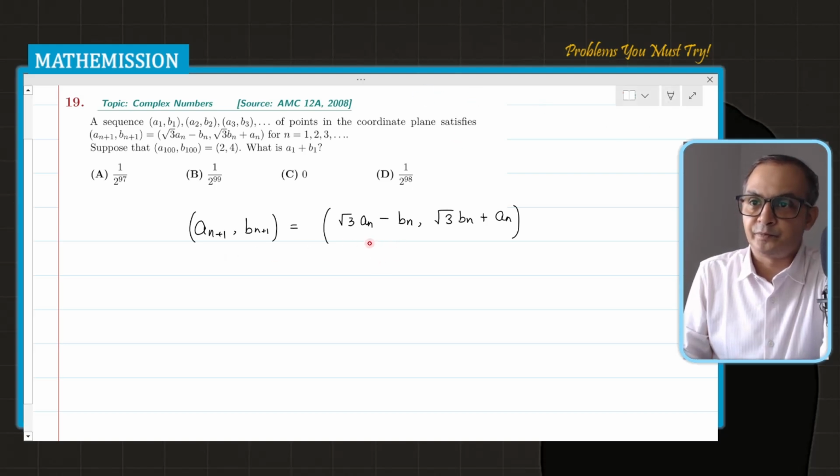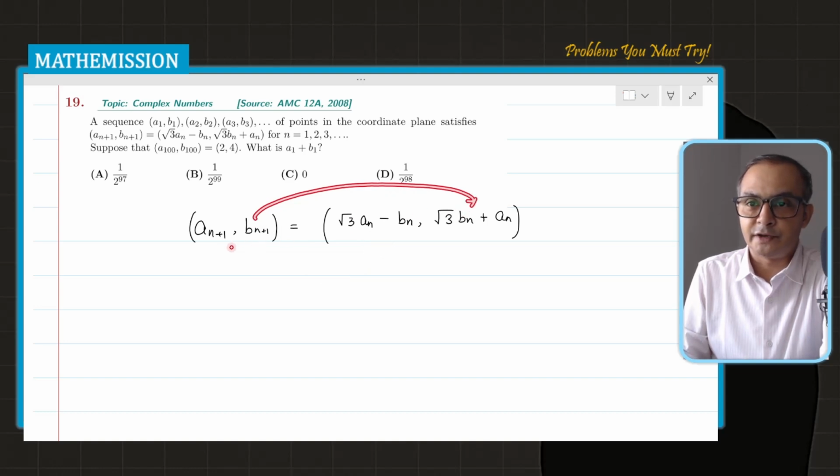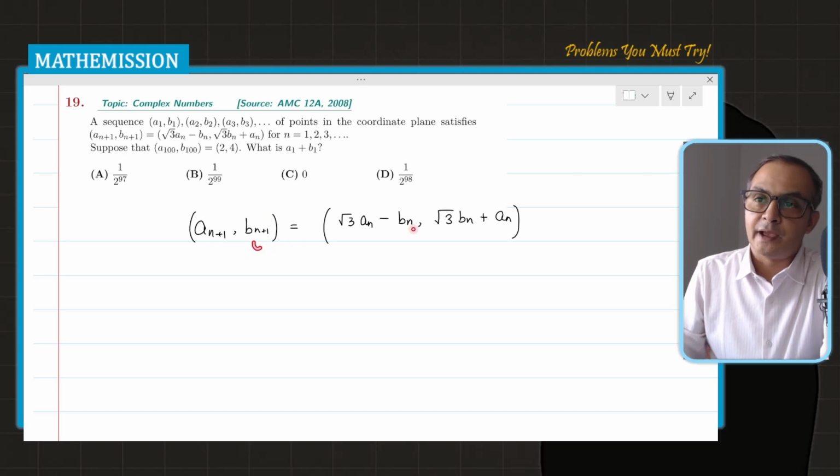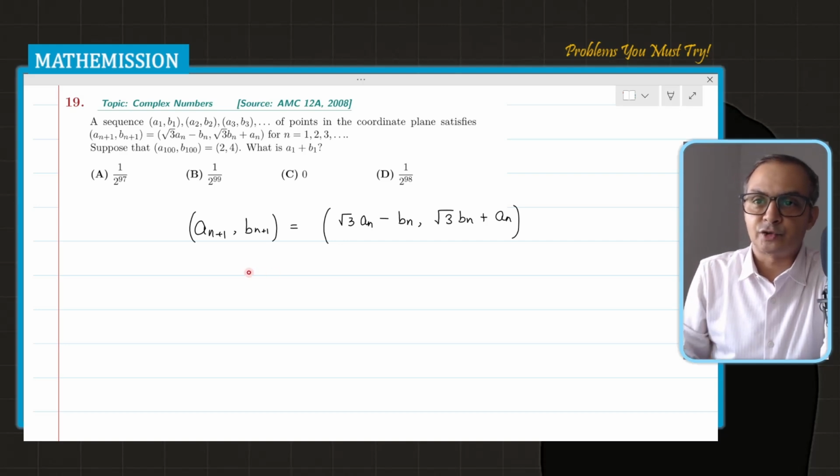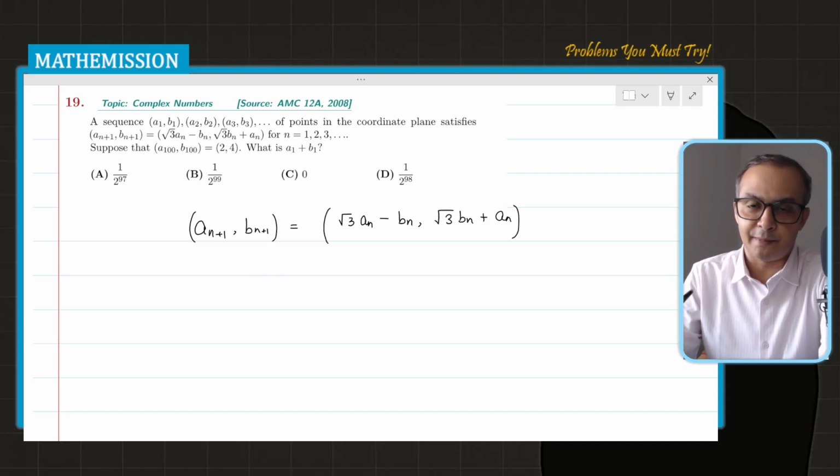Why am I saying this? Because we equate an plus 1 with this, and bn plus 1 with that, and from there we take the ratio of an plus 1 and bn plus 1 and we get some trigonometric feeling. But I suggest you think of this ordered pair as the real and imaginary part of a complex number, and from there the question will be easily solved.